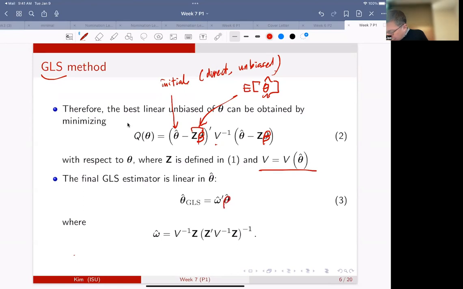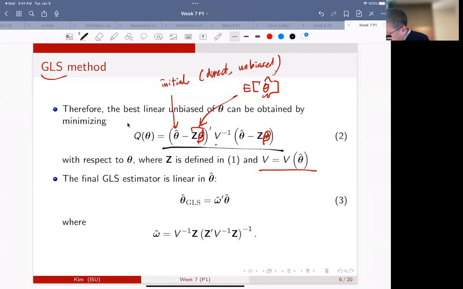Here is my best estimator of the theta. Okay, I think I actually got myself confused.